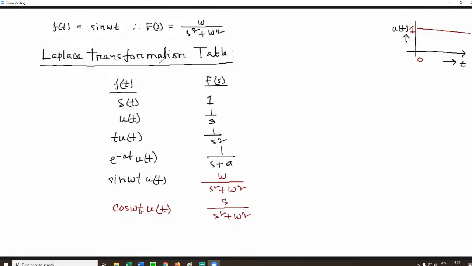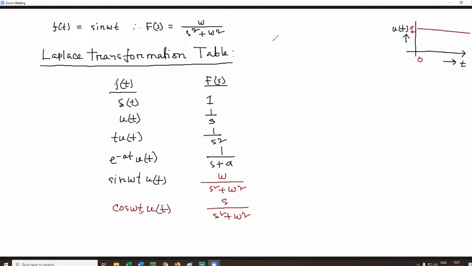Okay, so there are some other rules of Laplace transformation for multiplication and division, I mean for integral and derivative rules also. Let me talk about the first: the derivative rules of Laplace transformation.